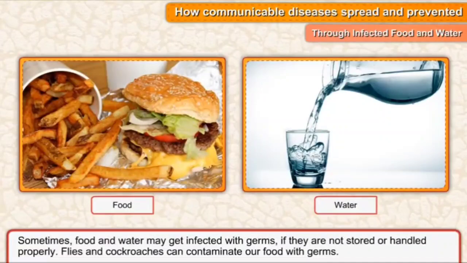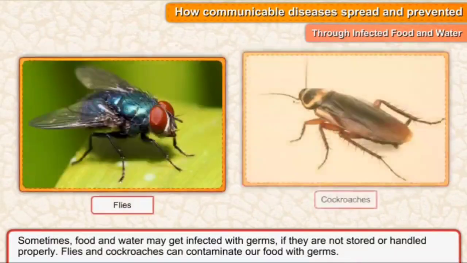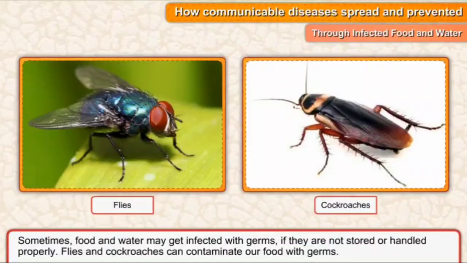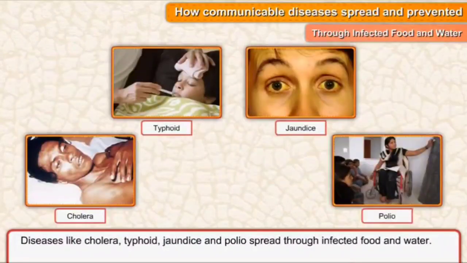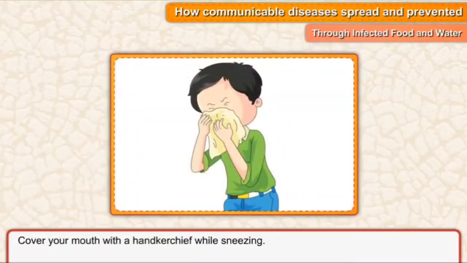Sometimes food and water may get infected with germs if they are not stored or handled properly. Flies and cockroaches can contaminate our food with germs. Diseases like cholera, typhoid, jaundice, and polio spread through infected food and water.